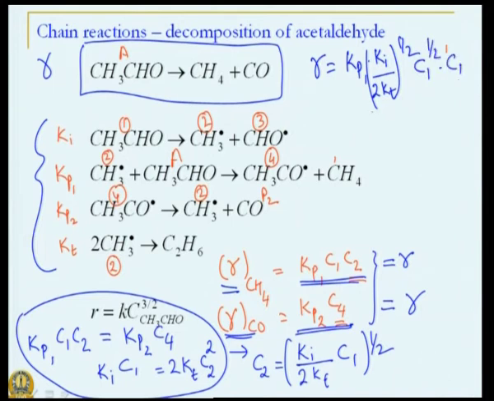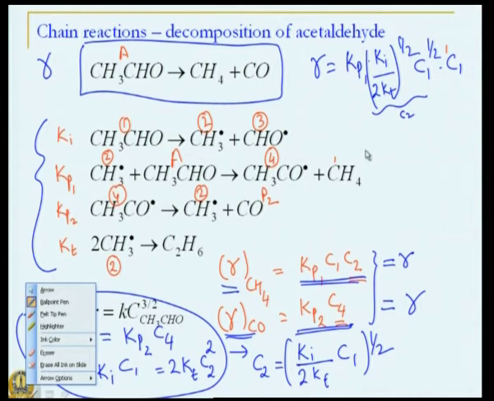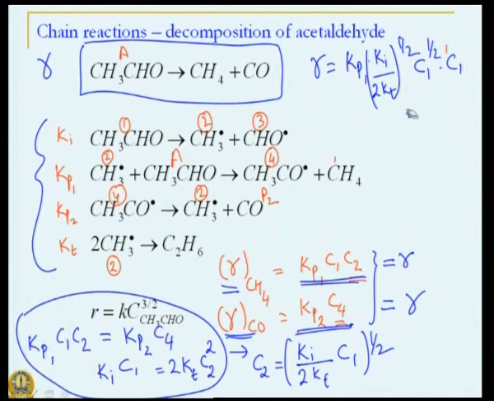So, I have substituted for C2 now, and the net result is that we now have R as some constant k times C1 raised to 3 by 2, which is the experimentally observed rate. So, we now complete this discussion. So, we have the desired rate.